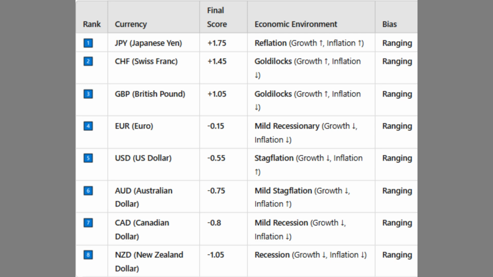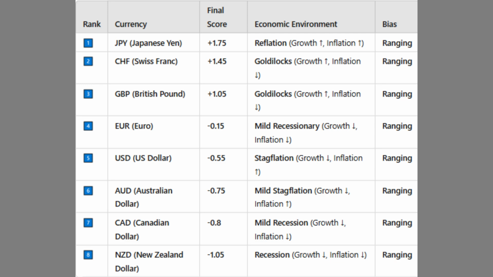But the beauty of our scoring system is that it has already told us which currencies are showing strength: JPY, the Japanese yen, with a reflationary environment, and CHF and GBP, benefiting from a Goldilocks environment.